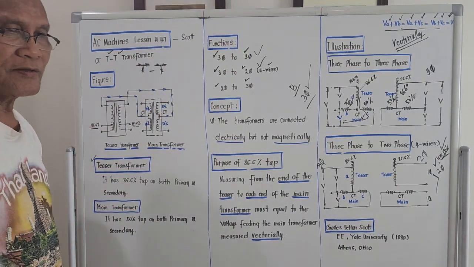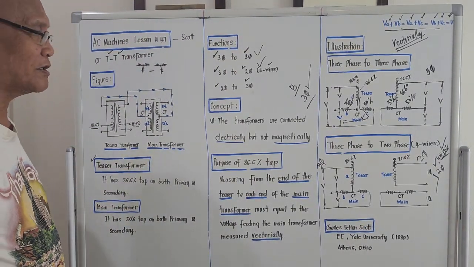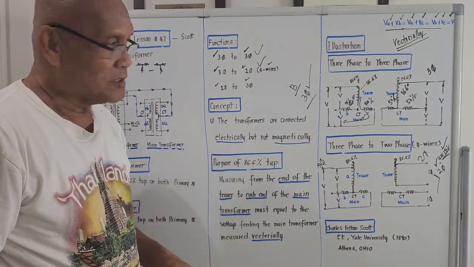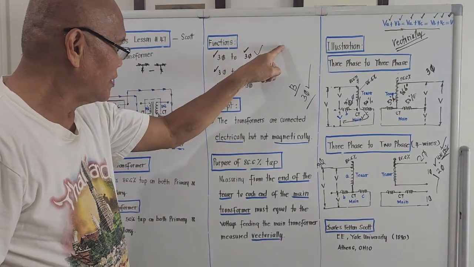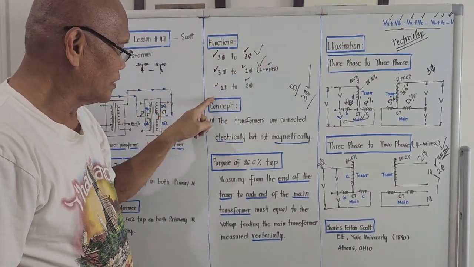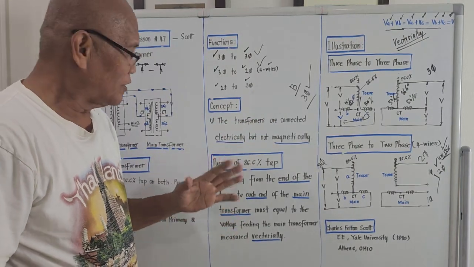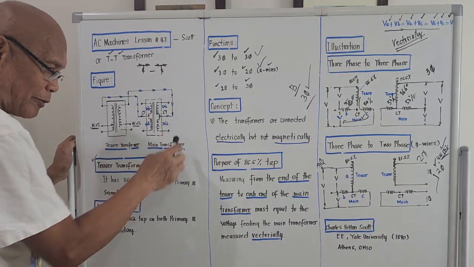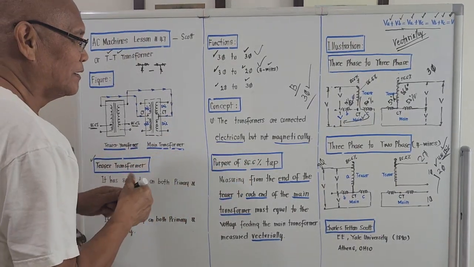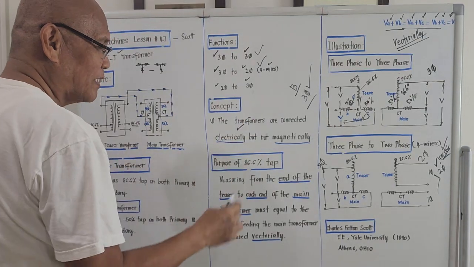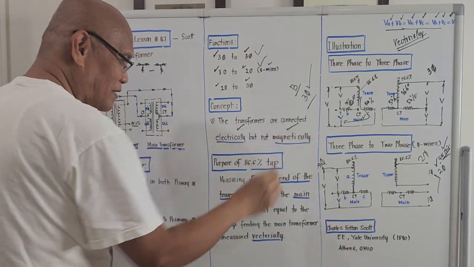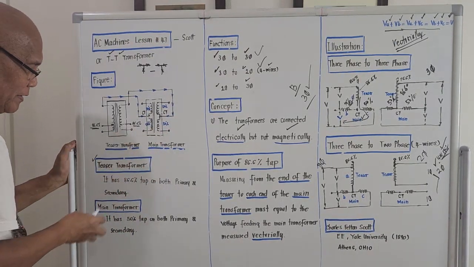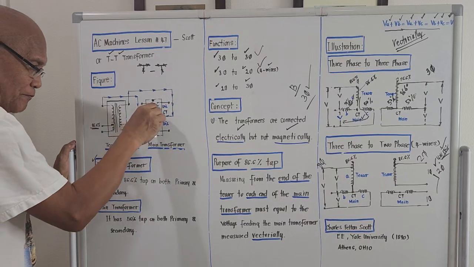That is what they call the Scott or TT transformer. Its main purpose is to change from three-phase to three-phase, three-phase to two-phase, and two-phase to three-phase. According to the definition, the teaser transformer and main transformer are connected electrically, but not magnetically, because this is a separate transformer and this is a separate transformer, meaning the flux of this is different from this.